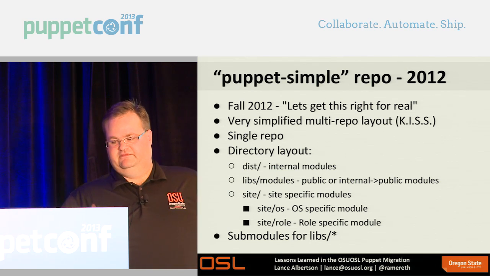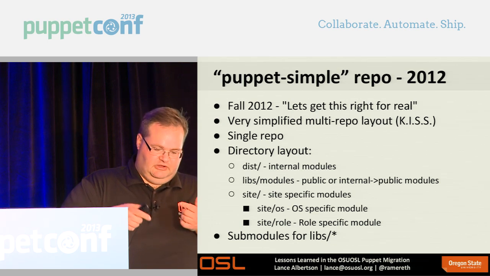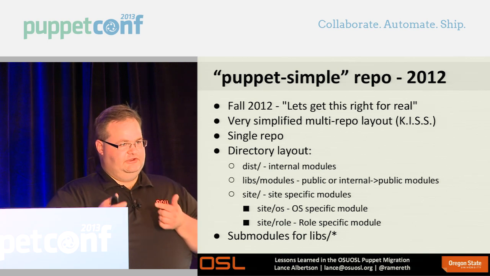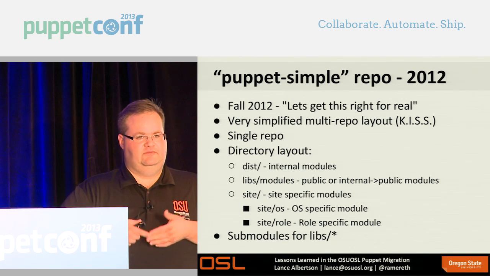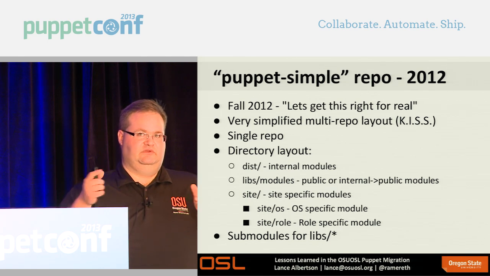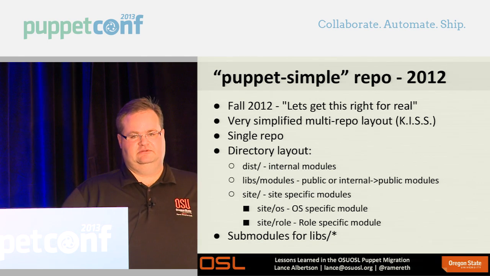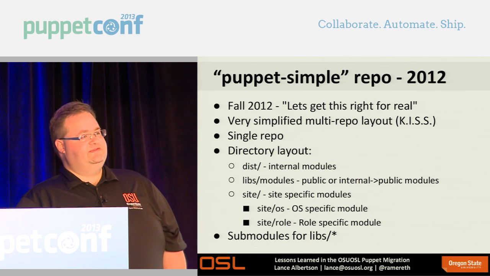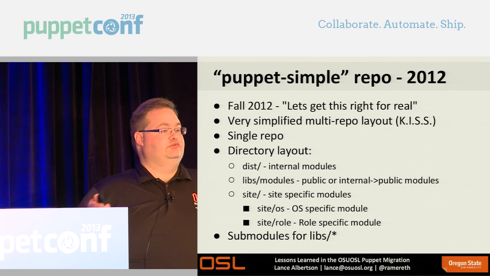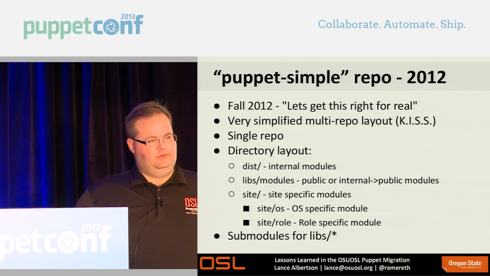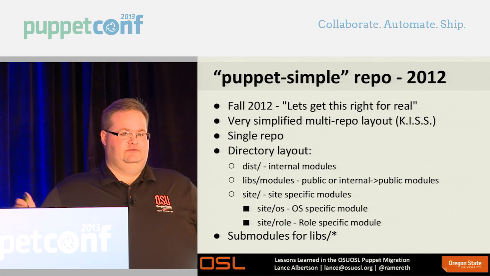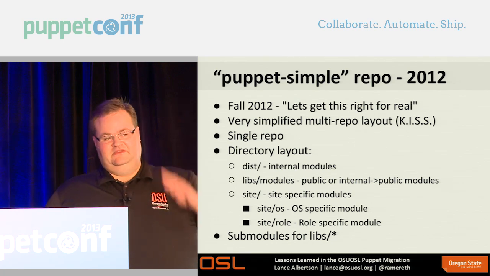The intent is eventually we write modules internally inside of the site and dist module area, and then once we feel like it's matured enough, we'll put it out to our public Git repo, and then we'll put it into the submodules. Since we hopefully think it's stable, we don't have to make a lot of changes to it. We haven't really gotten to that point yet, but this is what we switched the workstations to use at one point. And it works really well for what we need to do. I mean, there's obviously better ways of doing it, but in the end, this is what we ended up with.